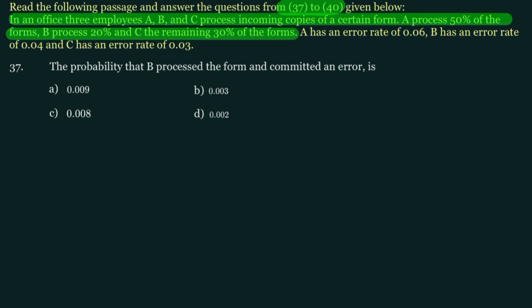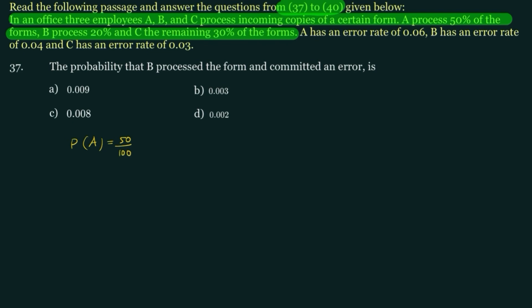Okay, so first let us analyze this part of the question, only this part. Let us consider an event A. A means the event that the form has been processed by A, and the probability of that is given 50%, so it is 50 by 100.